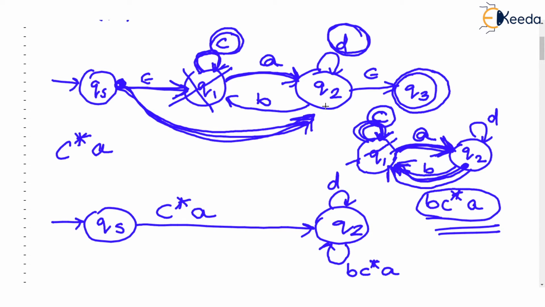Please don't get confused. Why did we write C star A on the path from QS to Q2? Because that was the path which gives us this regular expression, C star A. I hope you are understanding.